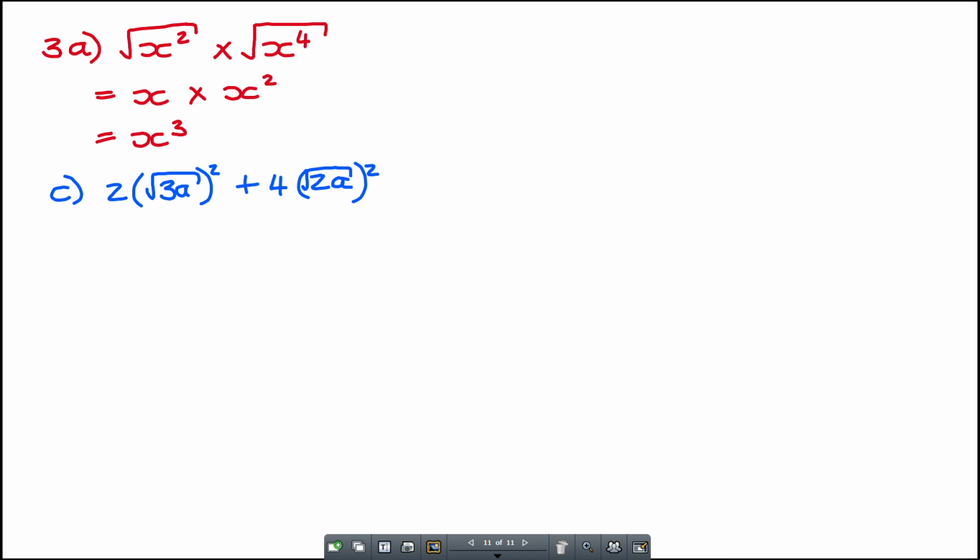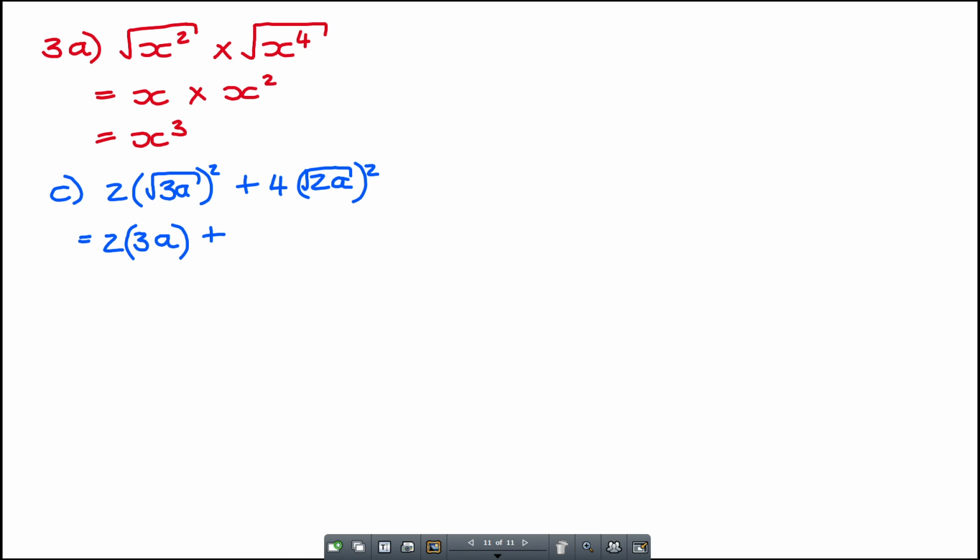Okay, now, square root of 3a squared, the square root and the square will cancel each other out, right? So what will be left there? Only the 3a. But I can't write it like this because then it looks like 23a. So keep the brackets around it to remind you that you still got to multiply in that 2.